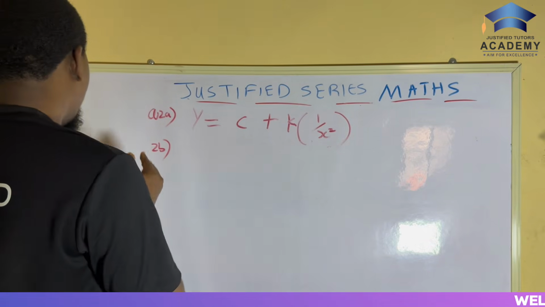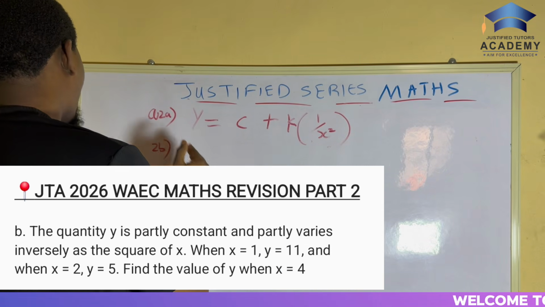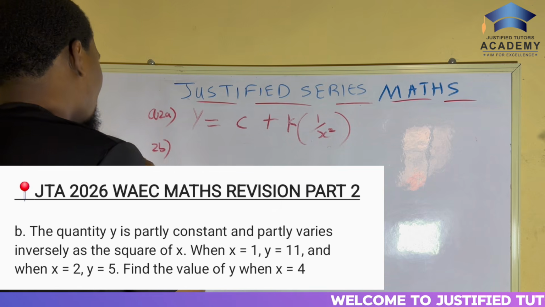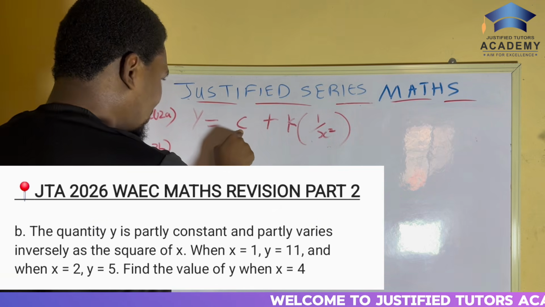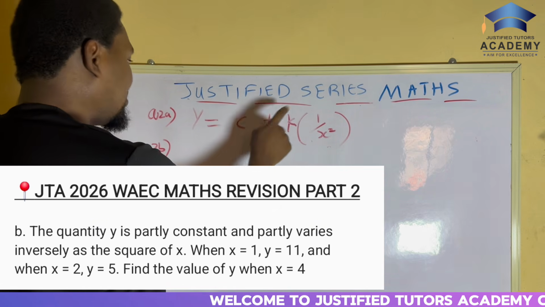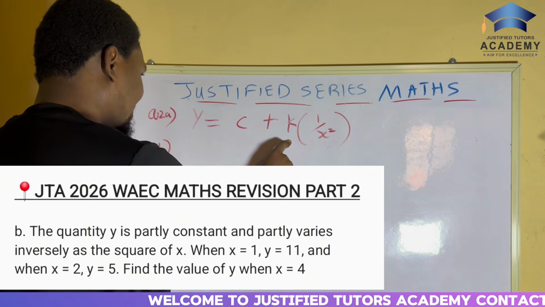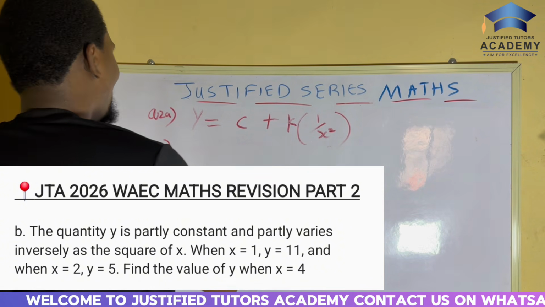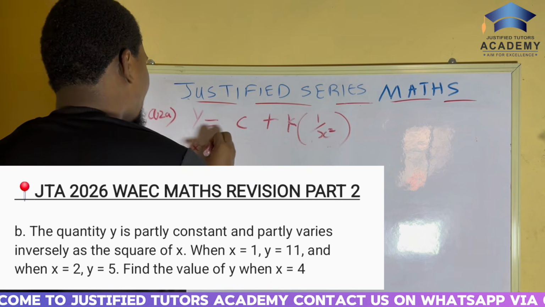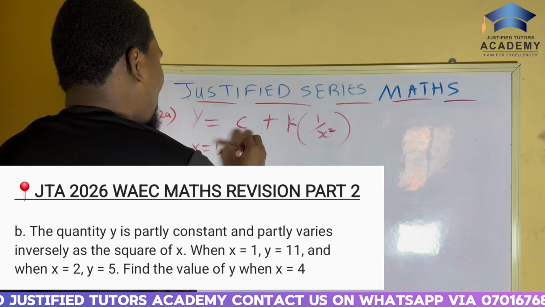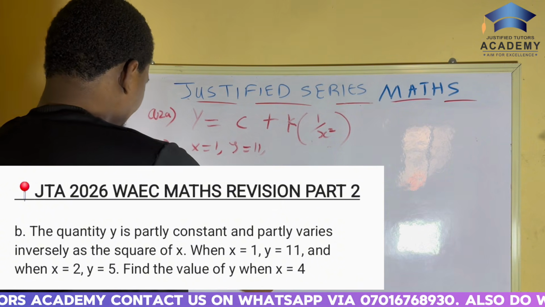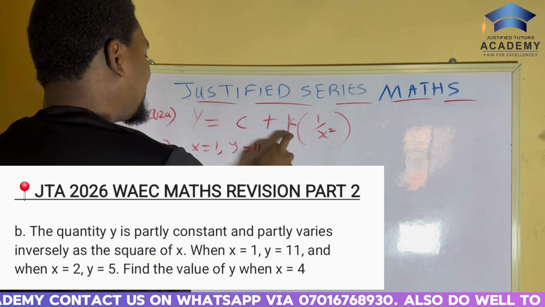it now says the quantity y is partly constant and partly varies as the square of x. When x is equal to 1 and y is equal to 11, it now says find this value.